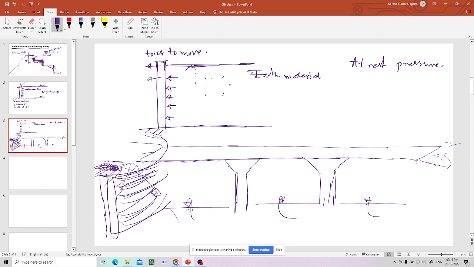This is at rest position. When the wall is designed not to move, whatever pressure is exerted by the earth is called at rest pressure. You may get a doubt: who wants this wall to move? Everybody wants the wall to be at rest. Then we have only at rest pressure. So this is one type of pressure.